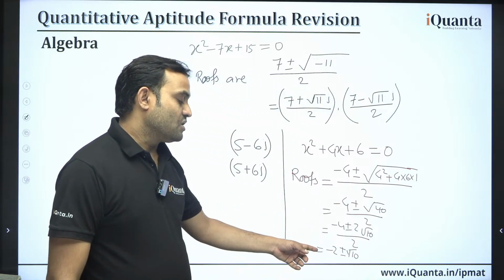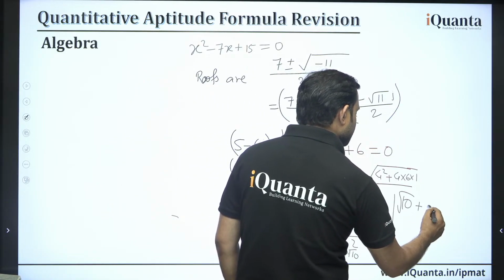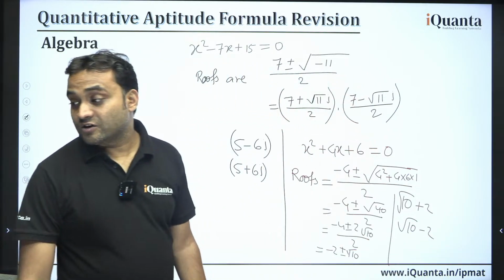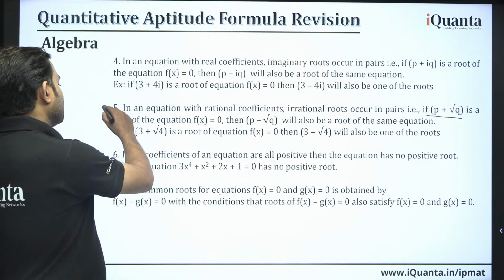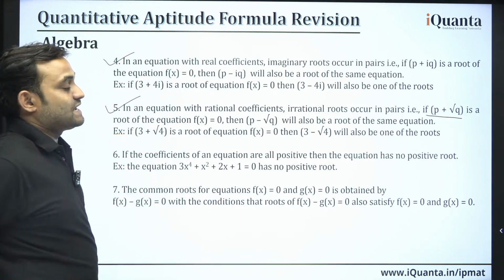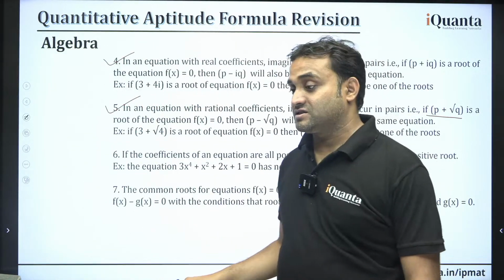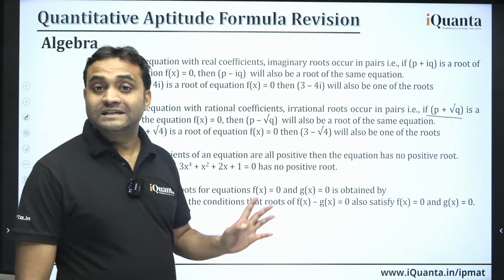As you can see, if one of the roots is root 10 plus 2, then the other root is root 10 minus 2. So in these kinds of scenarios, if all the coefficients are rational, then the irrational roots will always be in conjugate pairs, just like this. If one of them was 10 plus root 2, the other will be 10 minus root 2.